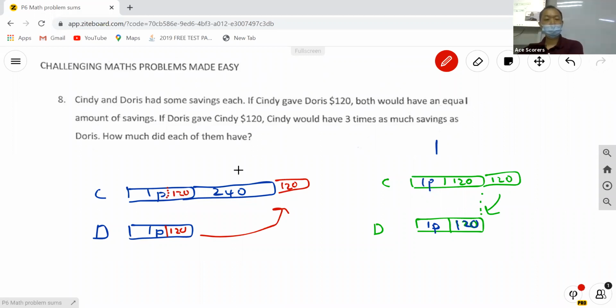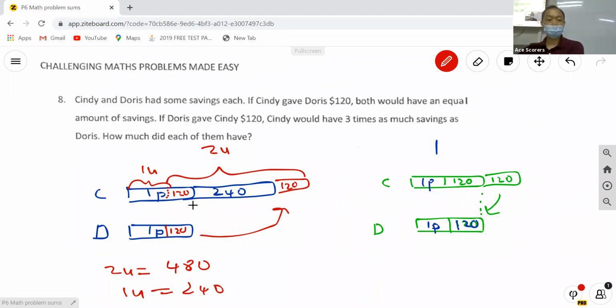This whole thing is 2 units. So 2 units, because here is 1 unit, 1 unit. So 2 units equals 480. And 1 unit equals 240.